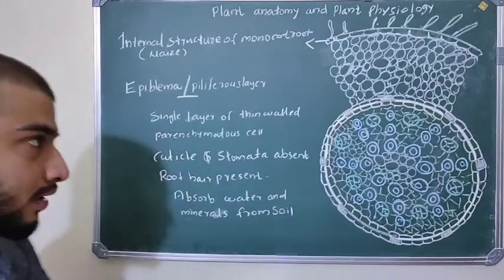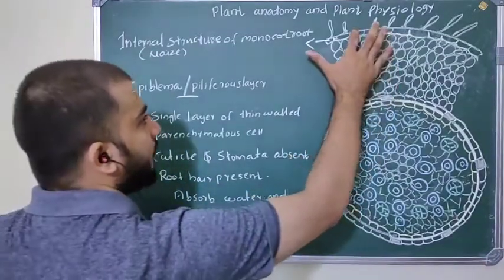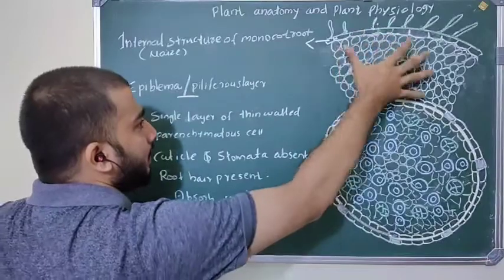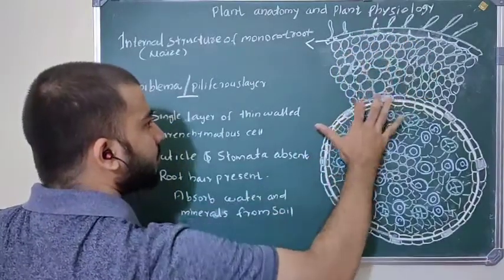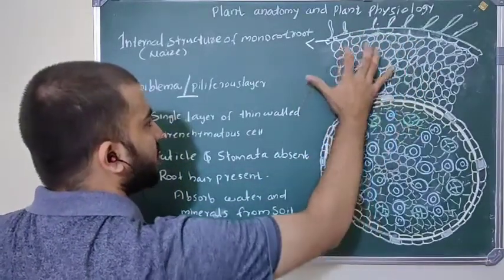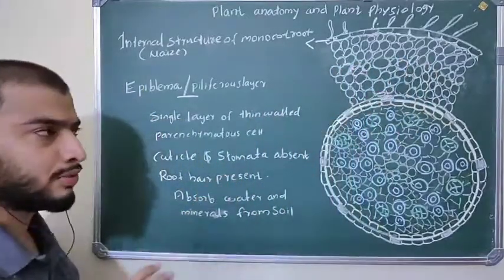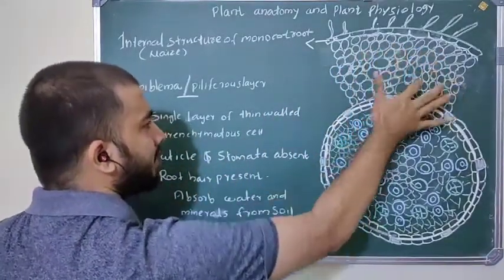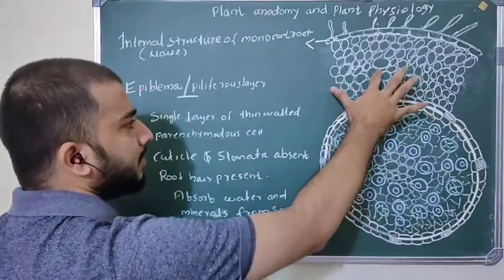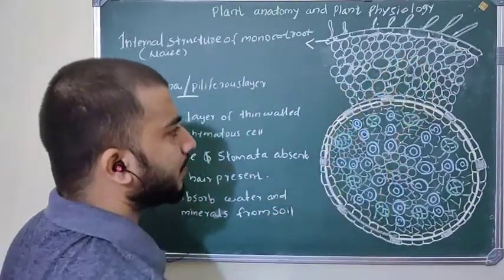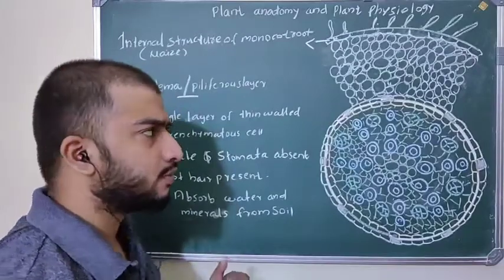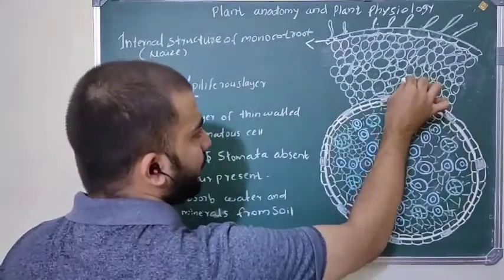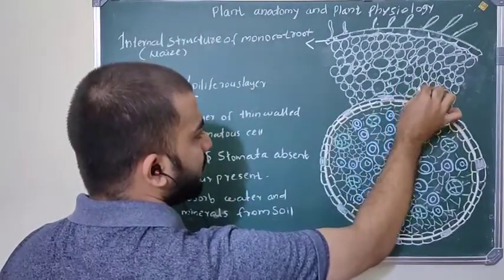The next part after the piliferous or epiblema layer is the cortex. This region is called cortex, made up of parenchymatous cells with intercellular spaces. What is an intercellular space? The space between two cells is called an intercellular space.